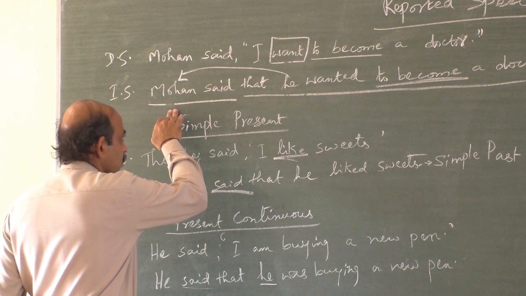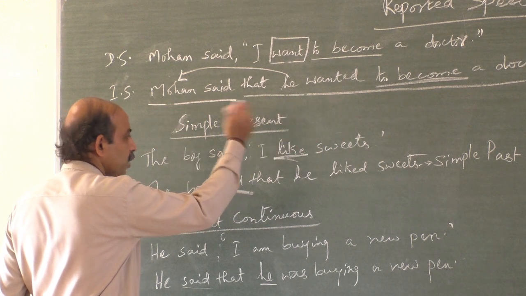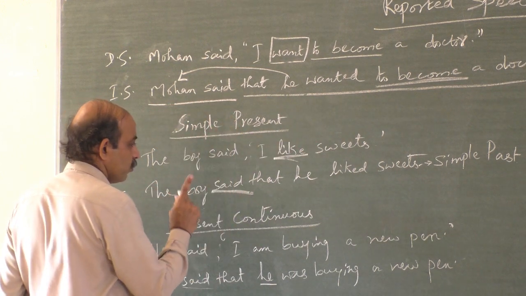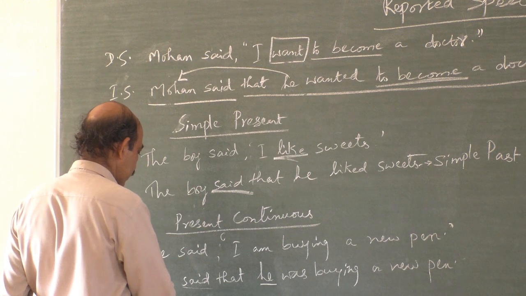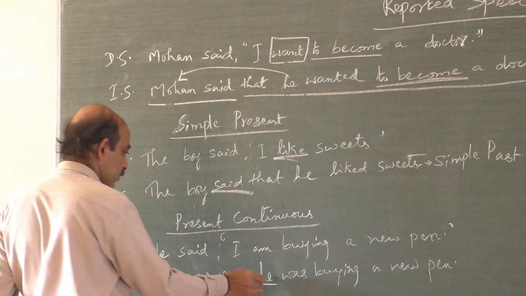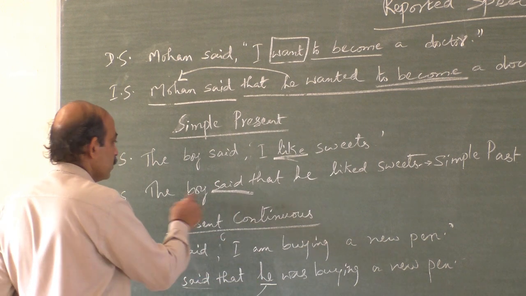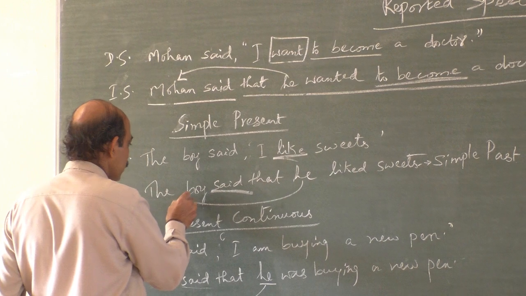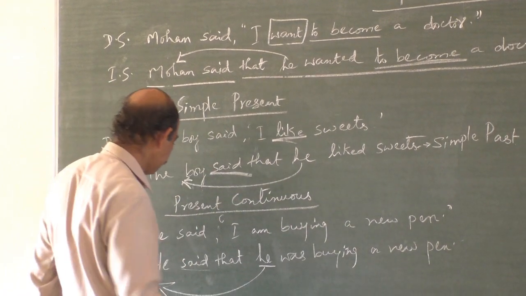The main clause and the subordinate clause both have connections, and that is why you should not forget these facts. He said that he was buying a new pen, and this he has a connection here, the boy has a connection here, which I have just discussed.